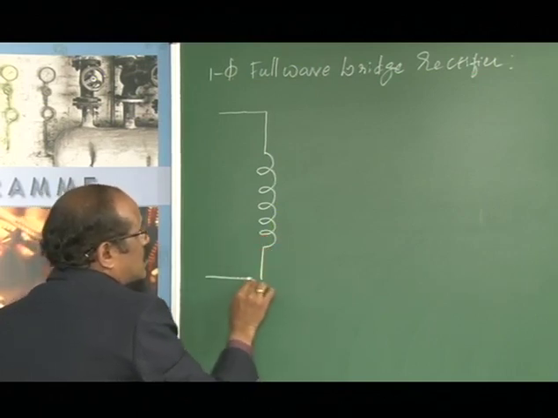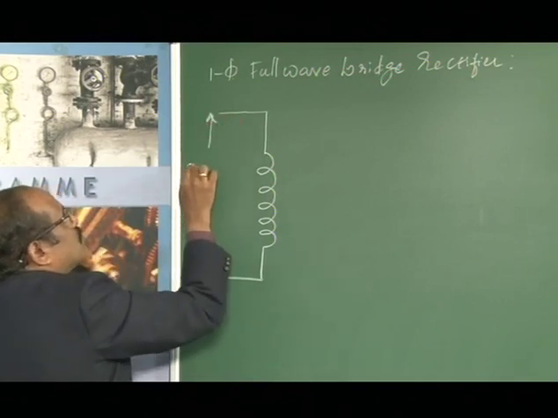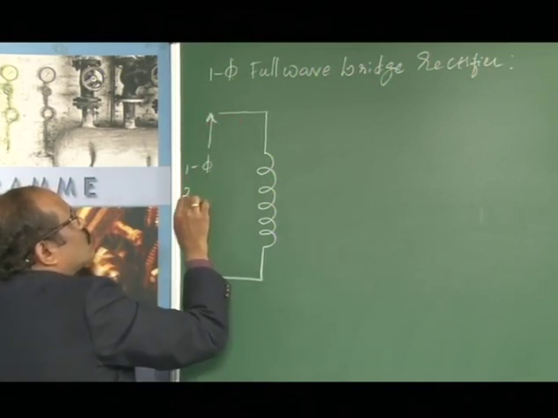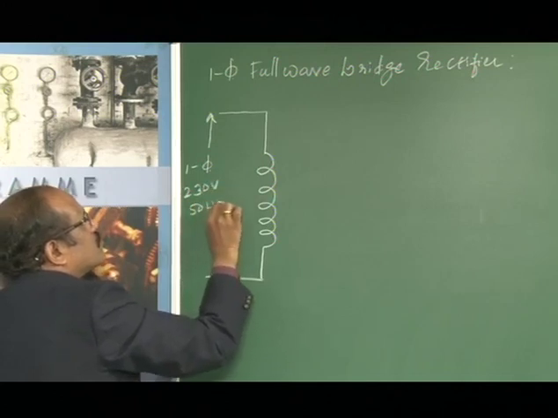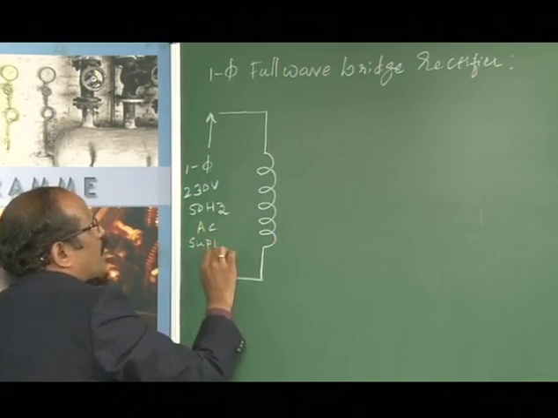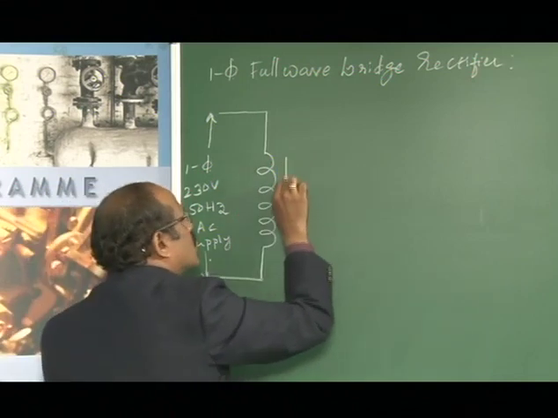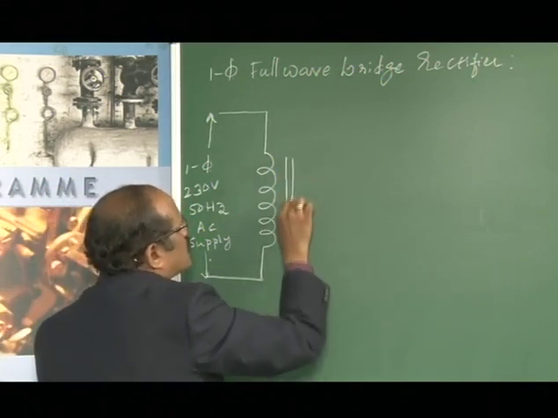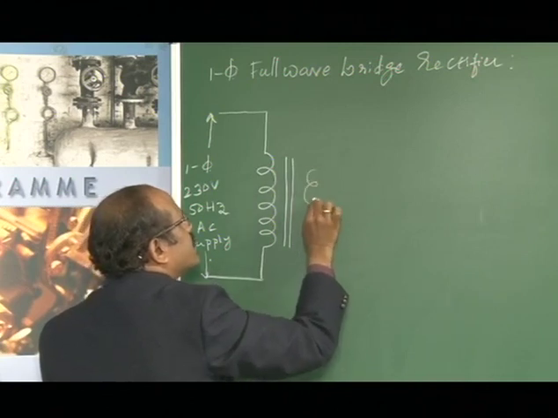This is nothing but the primary, and to this we feed a single phase 230 volts 50 hertz AC supply, that is very much available. Then we have an iron core over here, and then we have a secondary here.